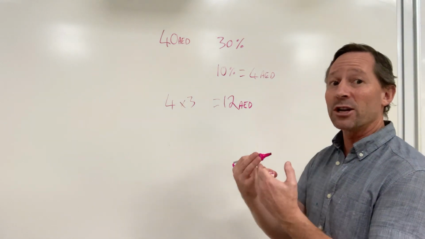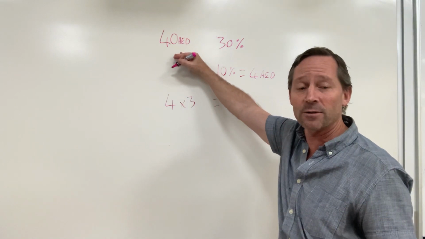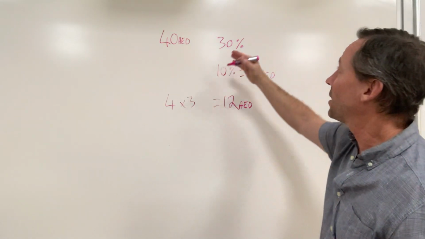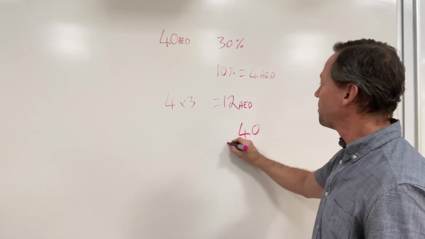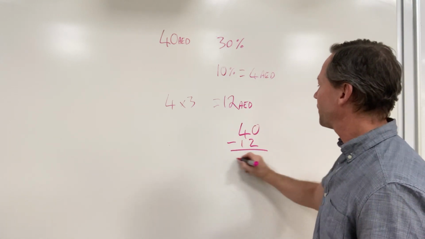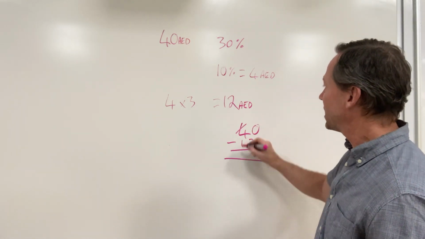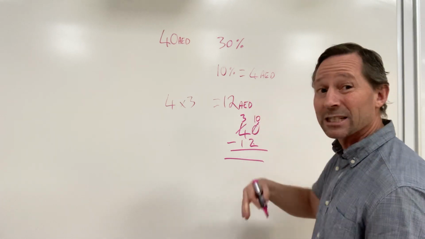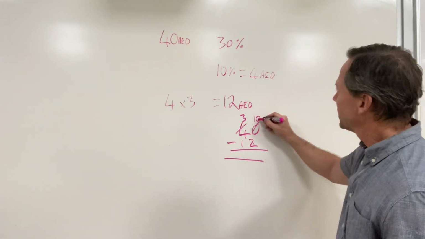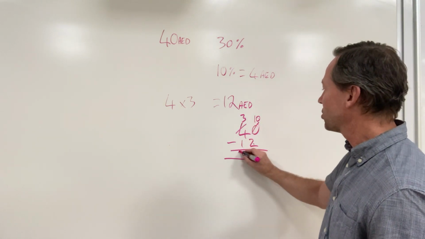What would be my new price for the pizza that was 40 dirham with 30% off? What I do is 40 minus 12. 0 minus 2 I can't do. I come and exchange 10, or some people say borrow. 10 minus 2 leaves 8. 3 minus 1 leaves 2.